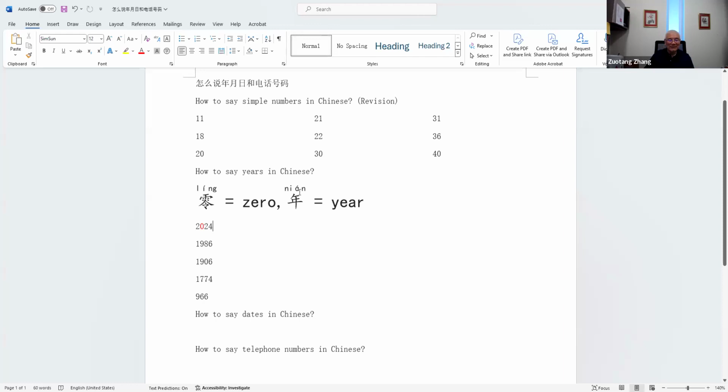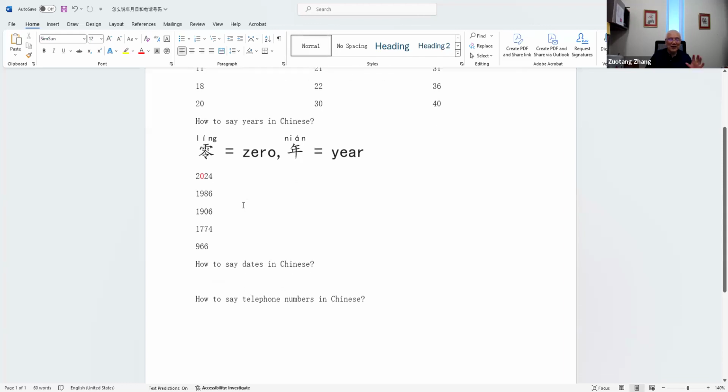Very good. Okay, sure. In Chinese, if you want to say the year, like this one, you say 2024年. So you just say the word 年 next to it, 2024年. 1986年, 1906年, 1774年 and 966年.